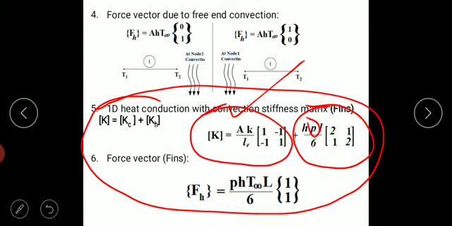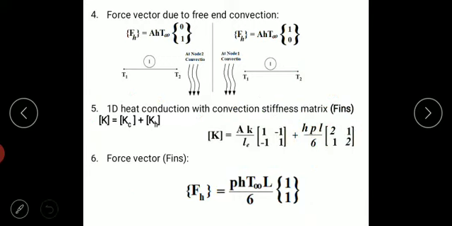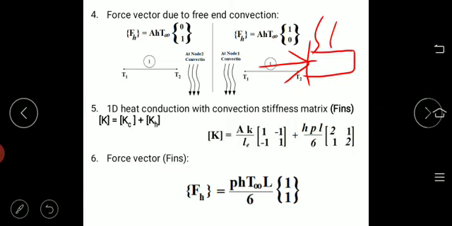If I consider a fin, for example in an IC engine, or our bikes have fins on the engines, isn't it? So how does the heat transfer take place? Heat transfer takes place throughout the surface of the fin. Am I right? So we don't have a free end convection kind of a thing.